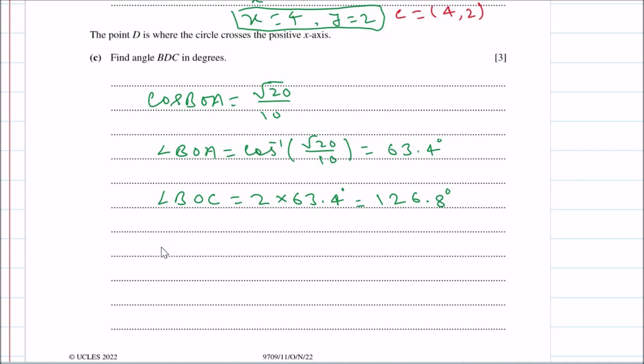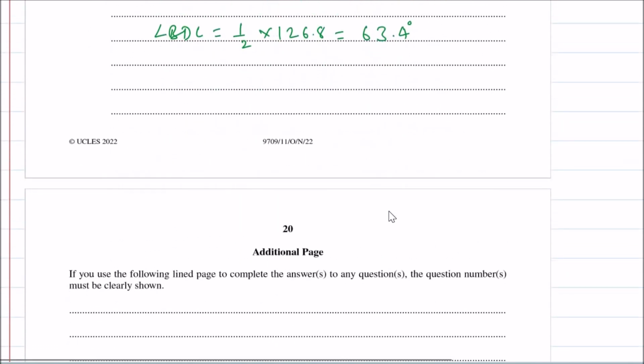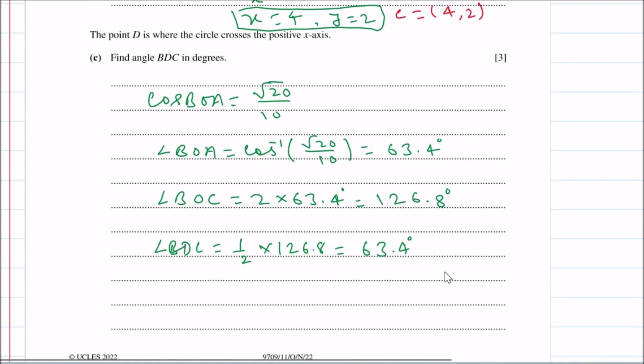So angle BDC will be half of 126.8, and that will be 63.4 degree. So this is the final answer for the angle. So we are done with this paper.